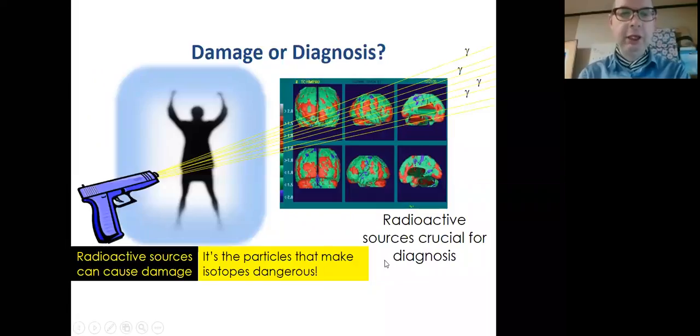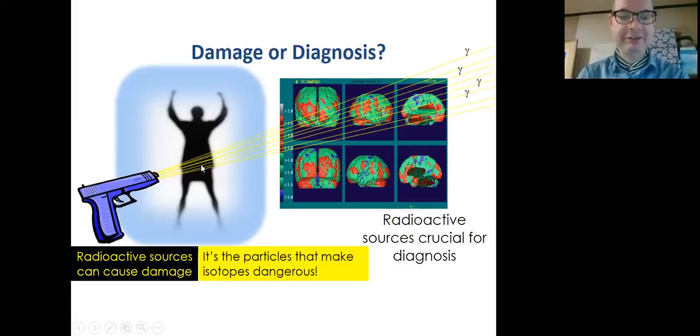Now, these particles can be very useful, or they can cause a lot of damage. So I call these bullets because that's really how you can think of it. If you think about a gun shooting bullets, it can cause damage.